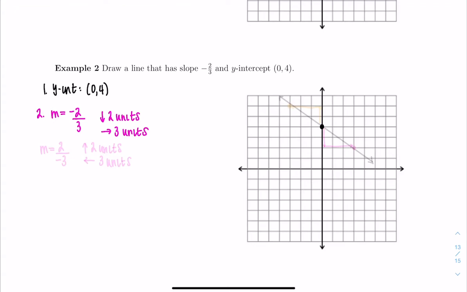We could also write the fraction like 2 over -3. In this case, we're going up 2 units because the numerator is positive, but now we're moving in the negative direction in the bottom, so going to the left 3 units.